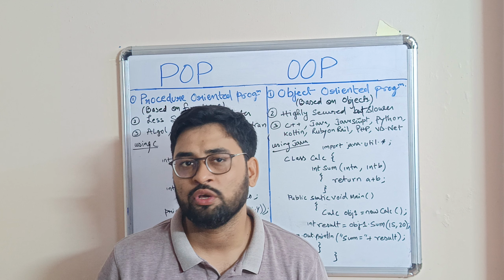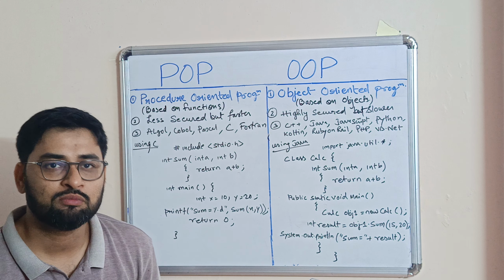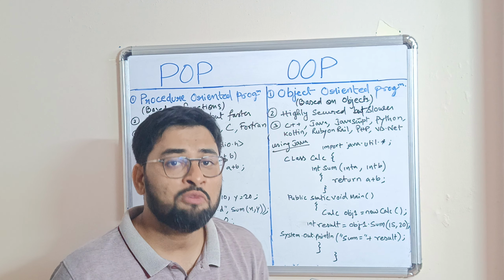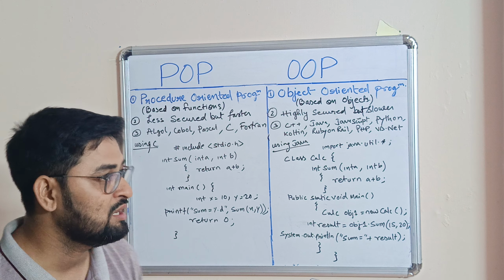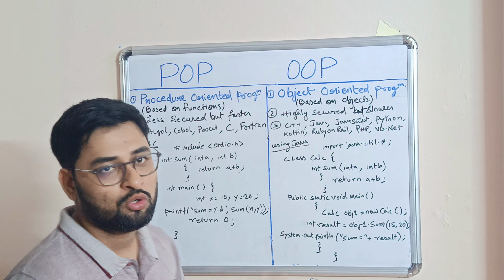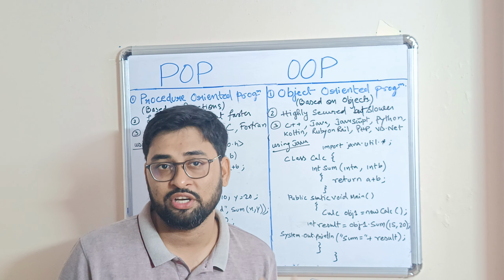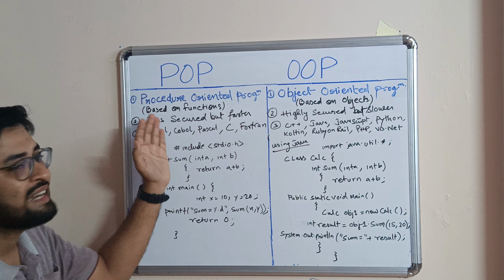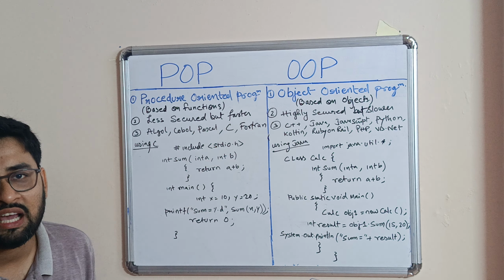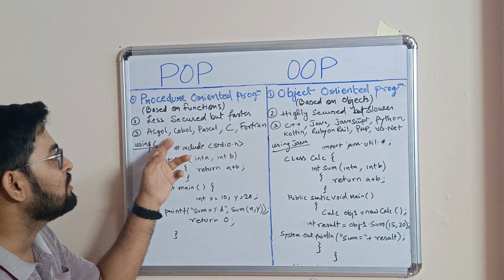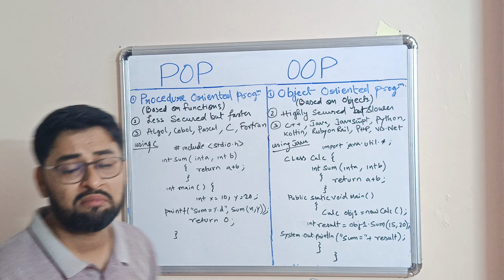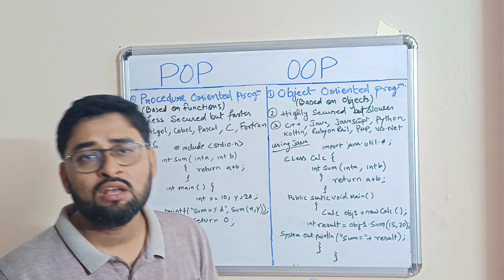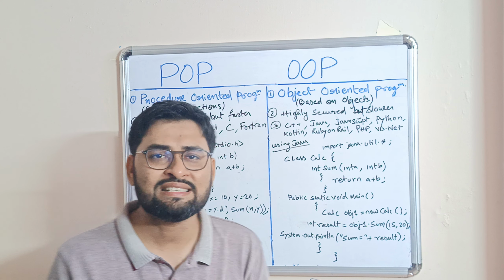Whichever language follows POP, procedural oriented programming, becomes weaker; it is not as highly secured as object oriented programming based languages. What are the languages considered less secured? Algol, COBOL, Pascal, C, Fortran, Basic.